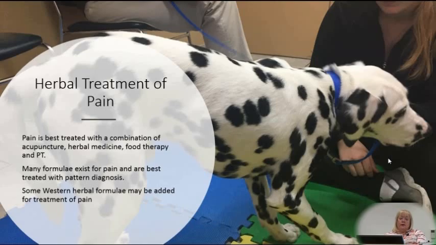This dog that's here, this Dalmatian, is kind of an interesting patient. This is a 9-month-old Dalmatian that came to see me because it was stunted, and it turned out that this dog had rickets. We ran some blood work on the dog, and its calcium levels were all off.